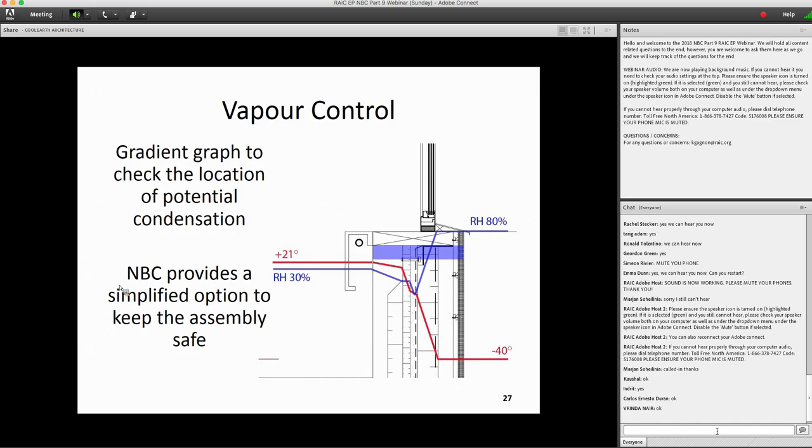You can then make a graph and see where there are potential issues or areas that may have some condensation, but we don't have to worry about that now. The National Building Code provides simplified rules to keep the assembly safe.